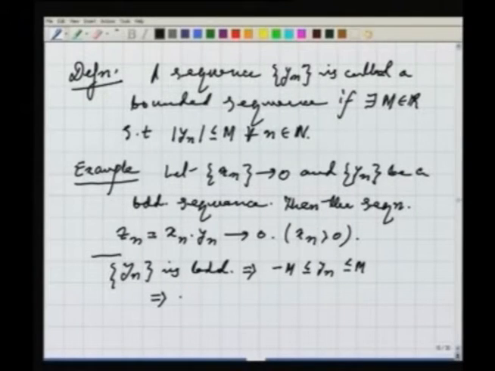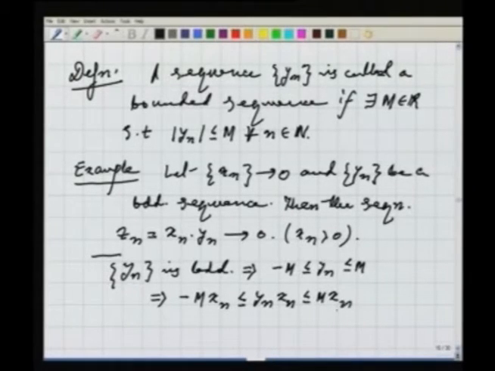Once I have this, this implies minus M times xn is less than or equal to yn times xn, which is less than or equal to M times xn.